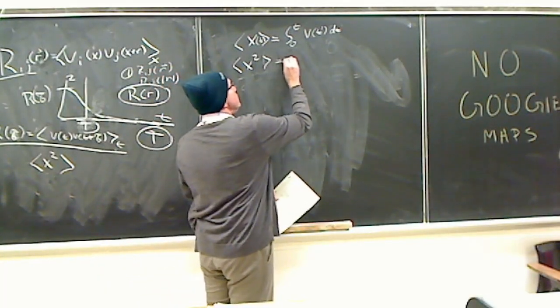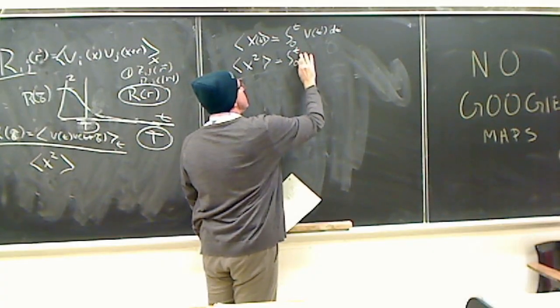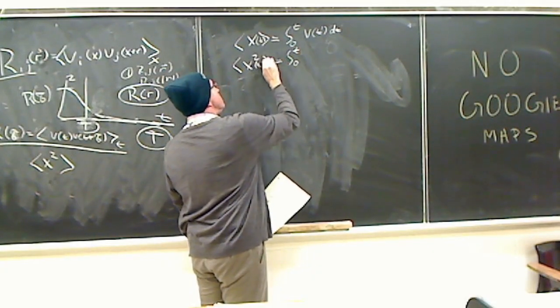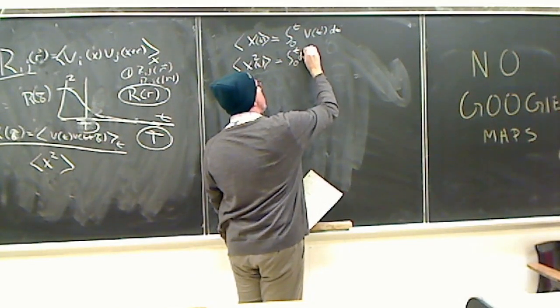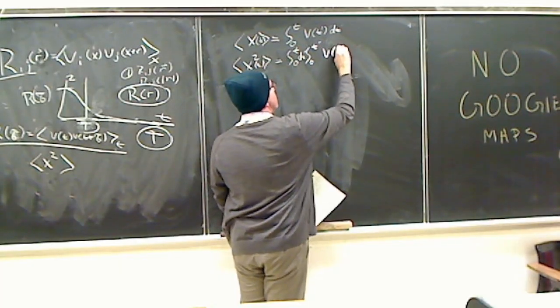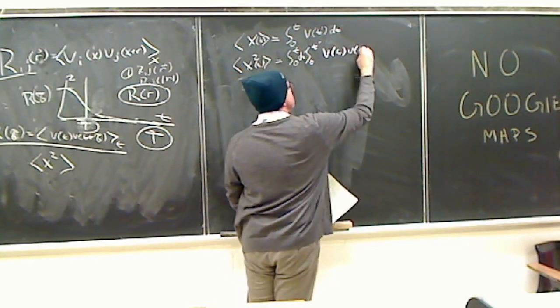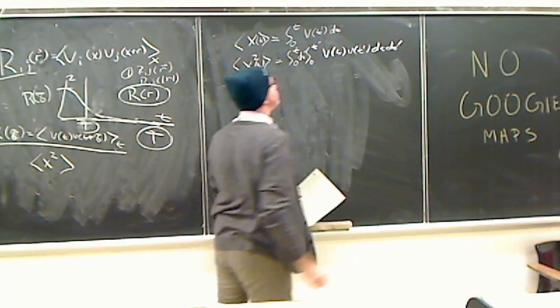X squared, however, is the integral from 0 to t. This is a function of t. Integral from 0 to t, dt prime, integral from 0 to t prime, v of t prime, dt prime.